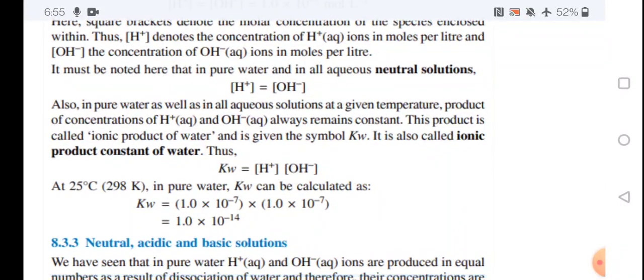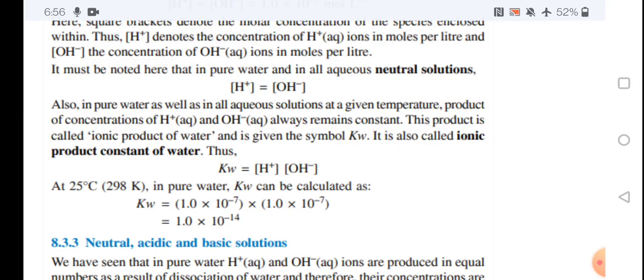Also, in pure water as well as in aqueous solutions at a given temperature, the product of the concentration of H plus ions and OH negative ions always remains constant.